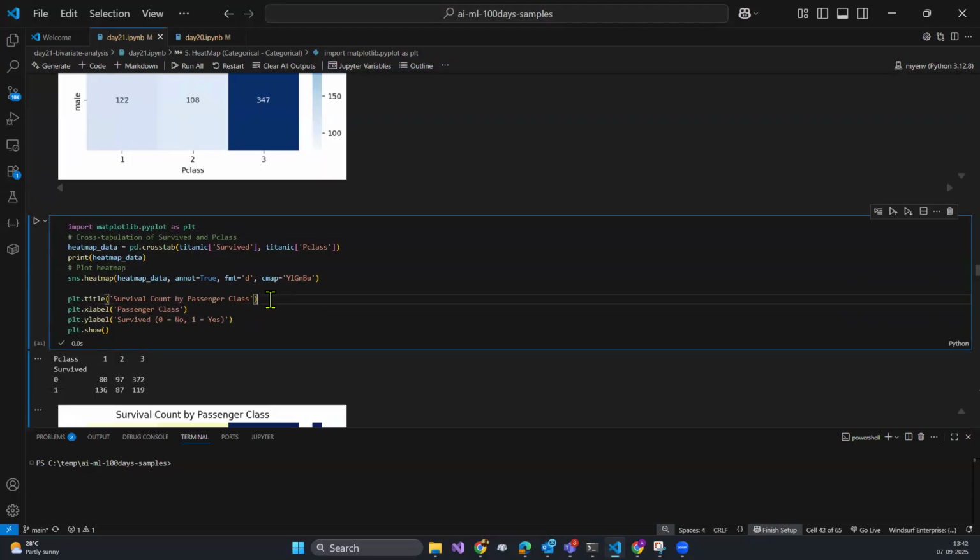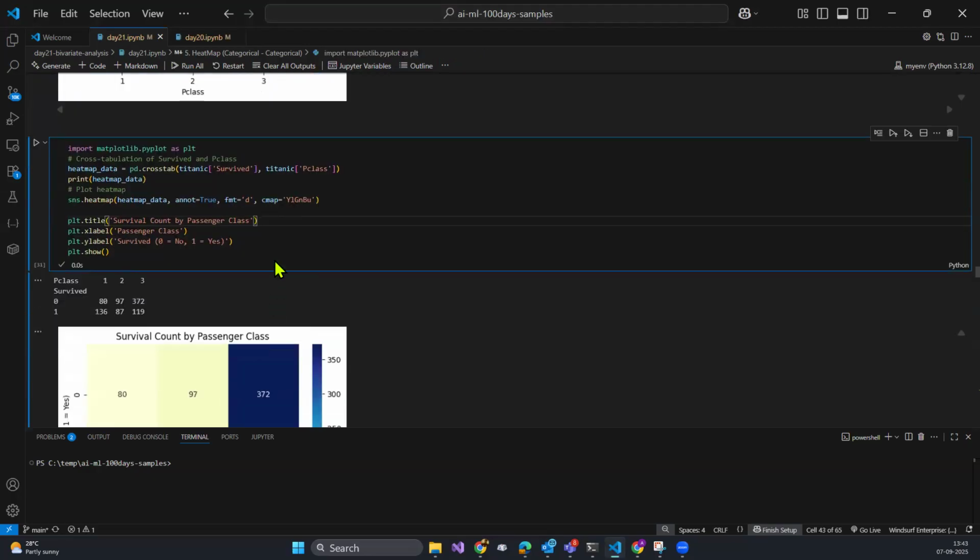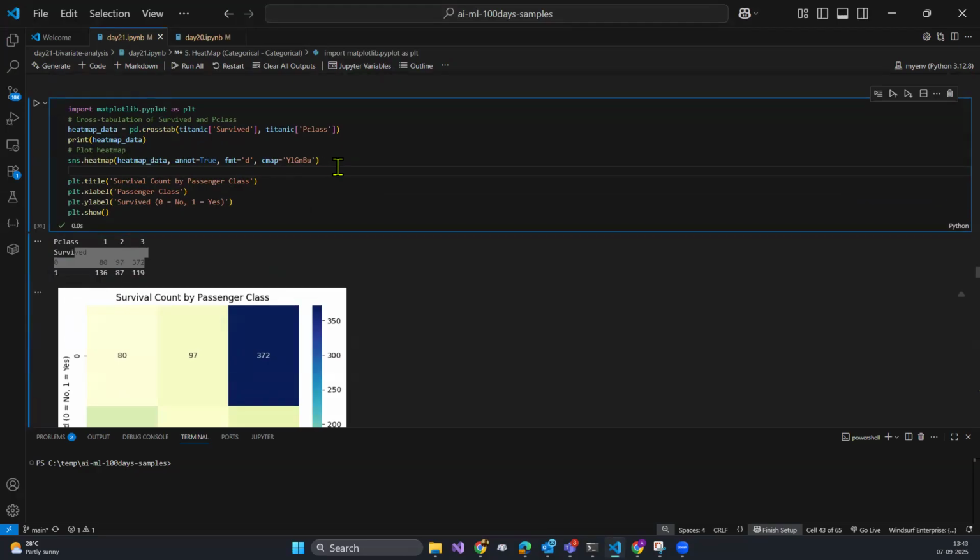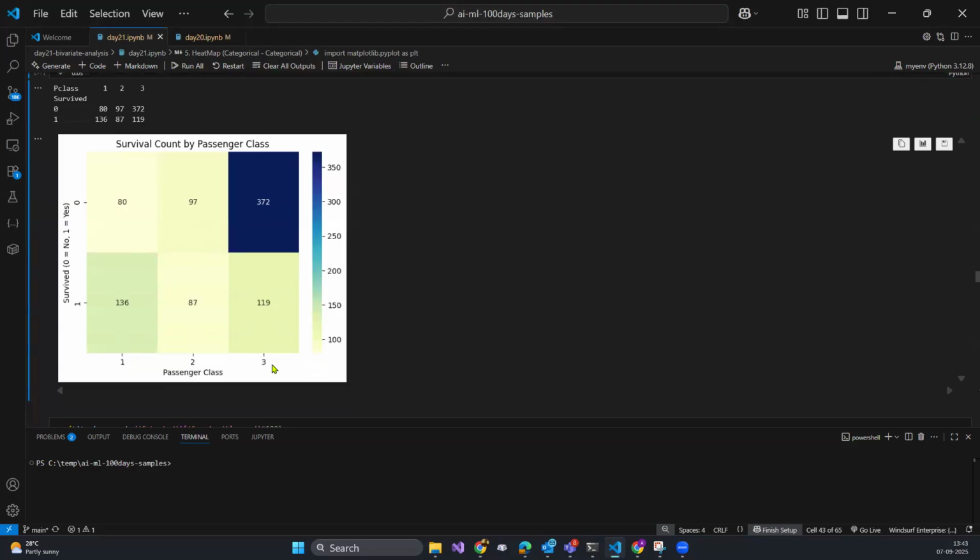Just to draw that conclusion, survival count by passenger class. Here we took the survived and class cross tab, and this is the number. We are creating a heat map on top of it, and with this we get the numbers passenger class wise.